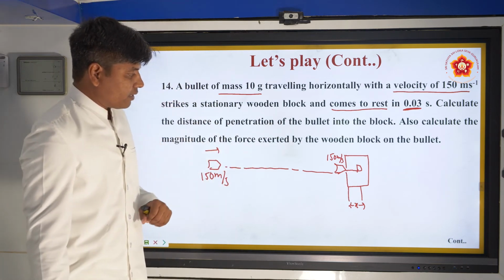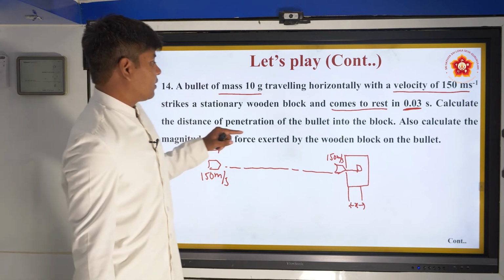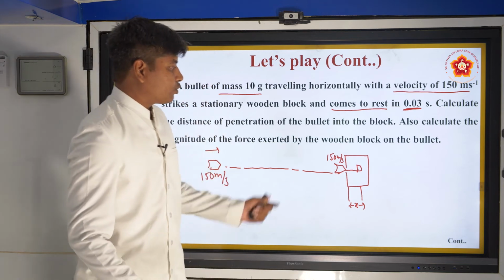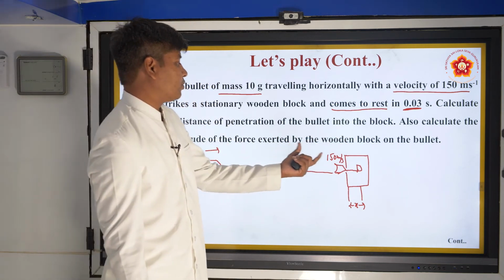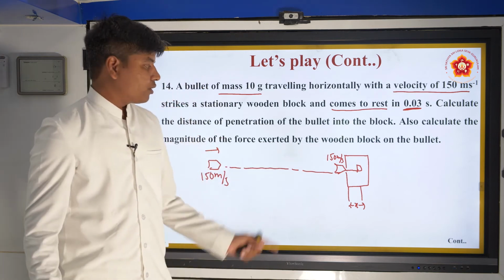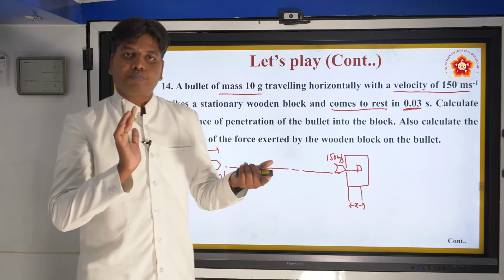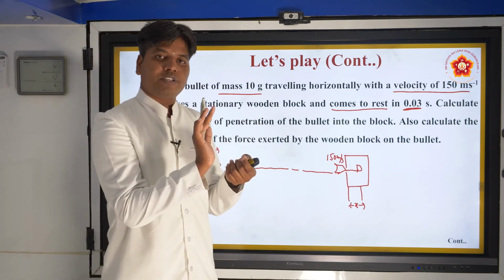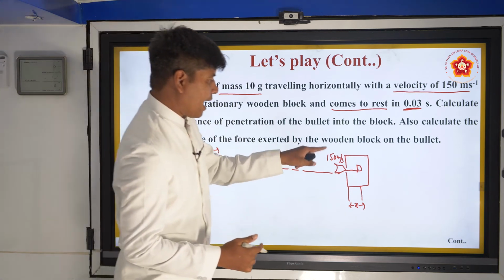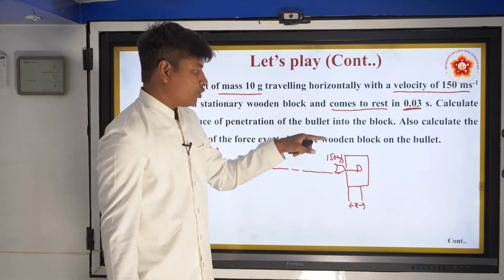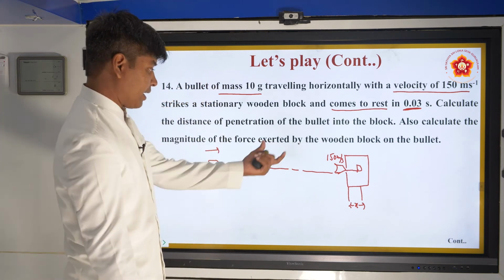He also asked us for the force exerted by the block to stop this bullet, because it is coming with some velocity and it is stopping. That means this block is offering an opposing force to stop it, otherwise it can't stop, right? Something should act opposite to the bullet so that it stops from such a high velocity.